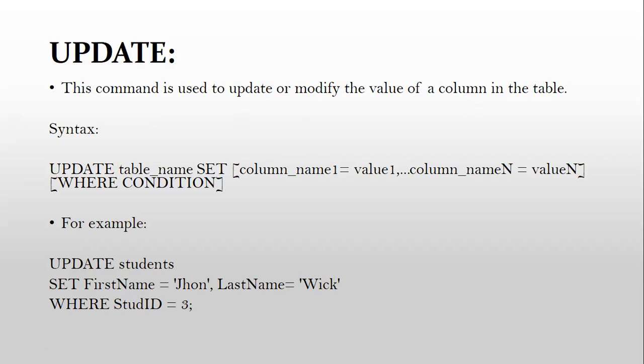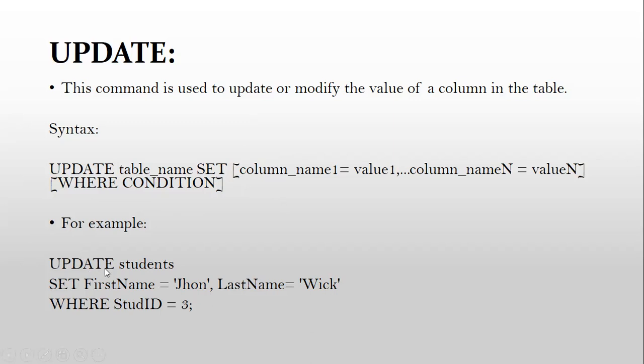If possible, you can add the WHERE clause, which will help you to select the particular row, because as we are updating, the update will be applied to the single row. So it is necessary to give the WHERE condition, that is, you need to write the WHERE clause in your query.